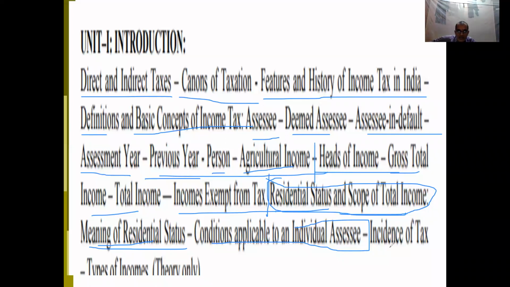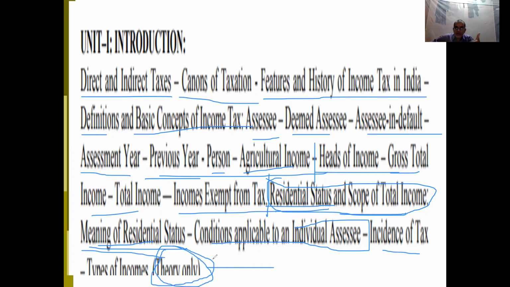Now this is the last topic, incidence of tax and types of incomes. See, this chapter is totally theory only. But if I simply mention the conditions and leave, you will not be able to understand. So that is why 2 or 3 simple problems we are going to do. Already in the previous classes, we have done residential status calculation based on primary conditions and secondary conditions.